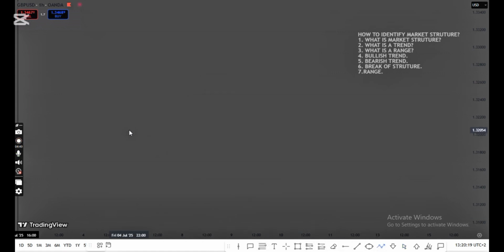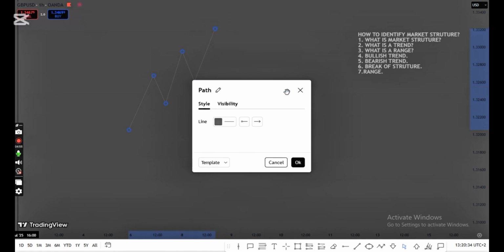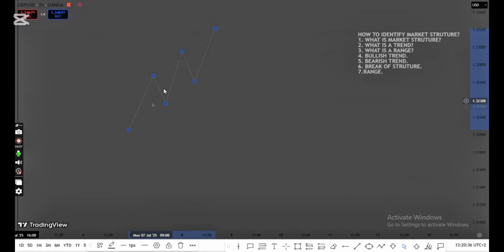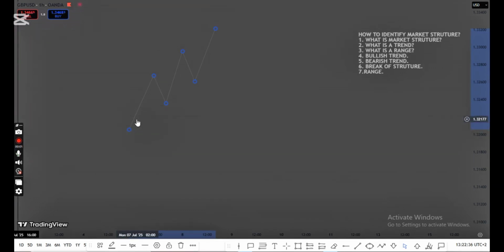All right, so when we're looking at a trend, we want to see a market that makes a push to the upside and then corrects, and then makes a break of structure or takes out that previous high that was created, and comes back again and takes out another one, right?